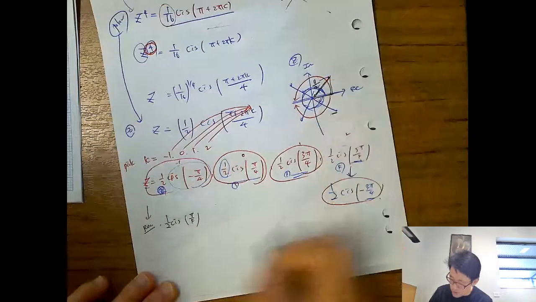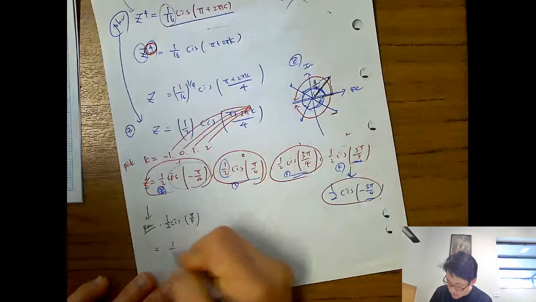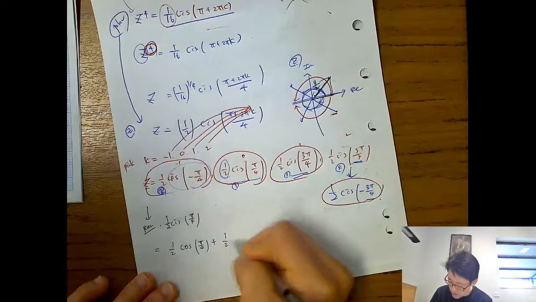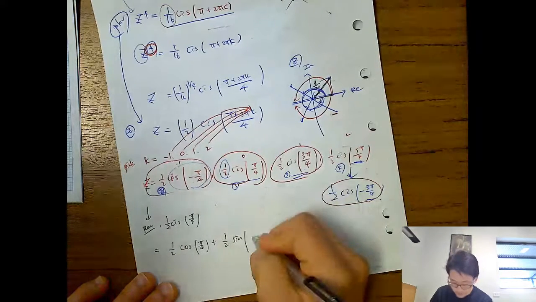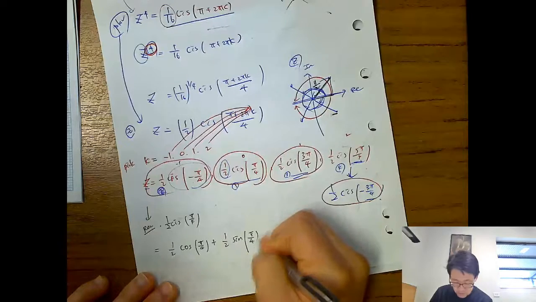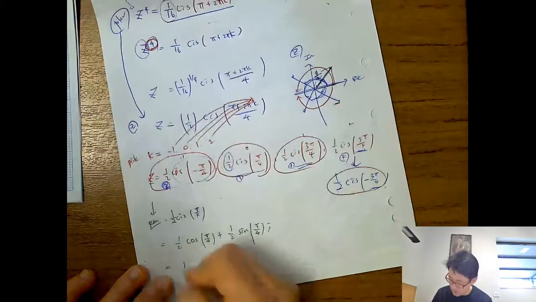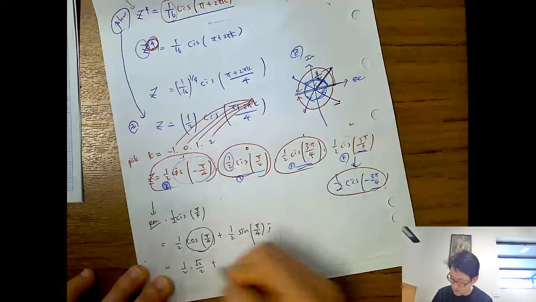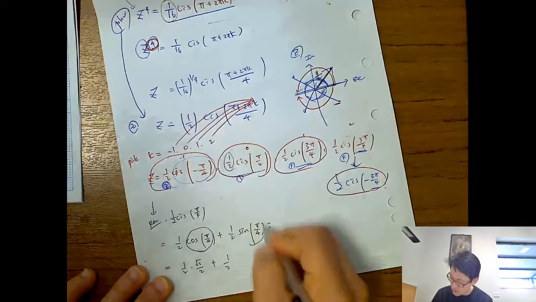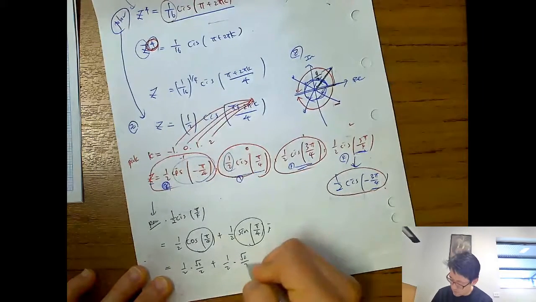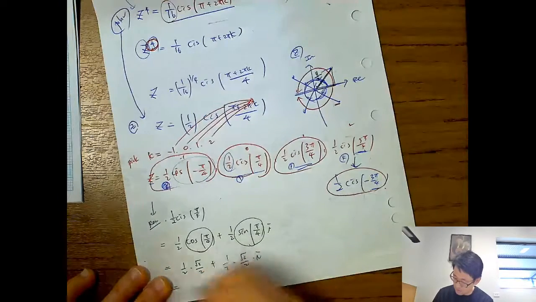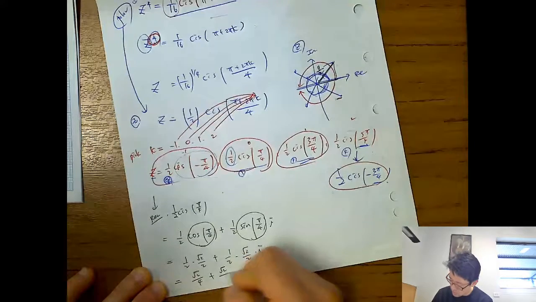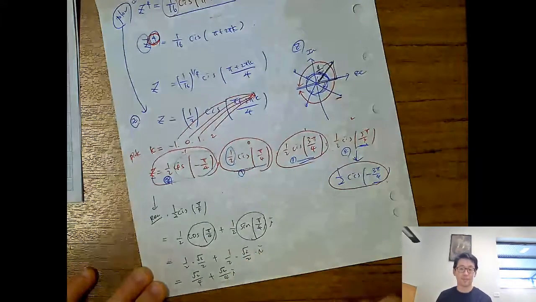The distance is here, and half cosine pi over 4 plus half sine pi over 4 i, and then half cosine pi over 4, you get that. Yeah, sine pi over 4, you get the same answer, and i. You can go and use the table. Good. That's what I get.